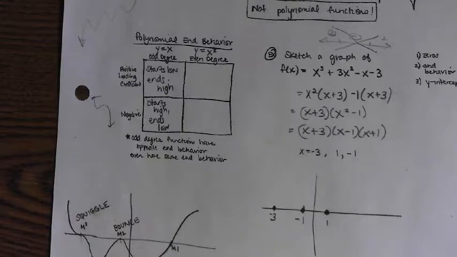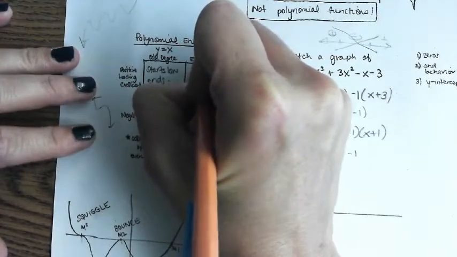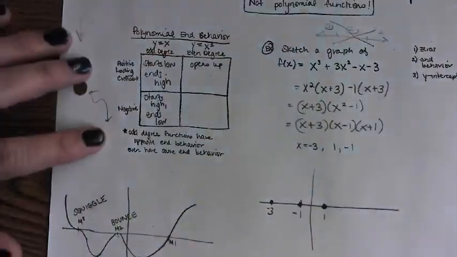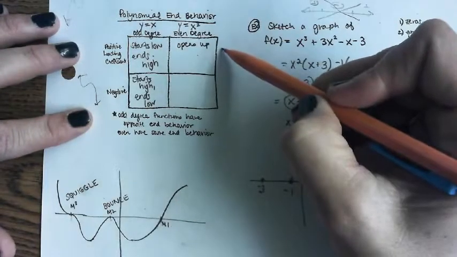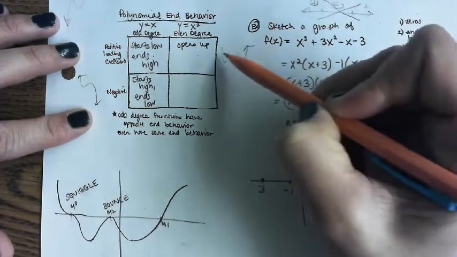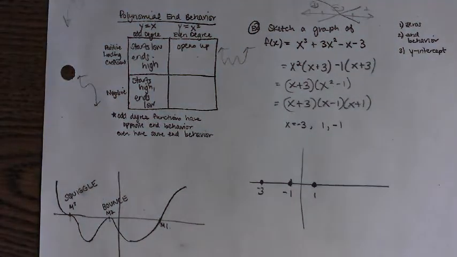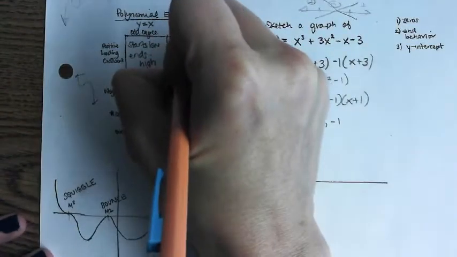Positive a means it opens up, exactly. Which, for even degree functions, although they won't be as basic typically as a quadratic, they'll have a lot of fluctuations in the process, but the picture in its entirety will open up, which means it starts high, ends high.